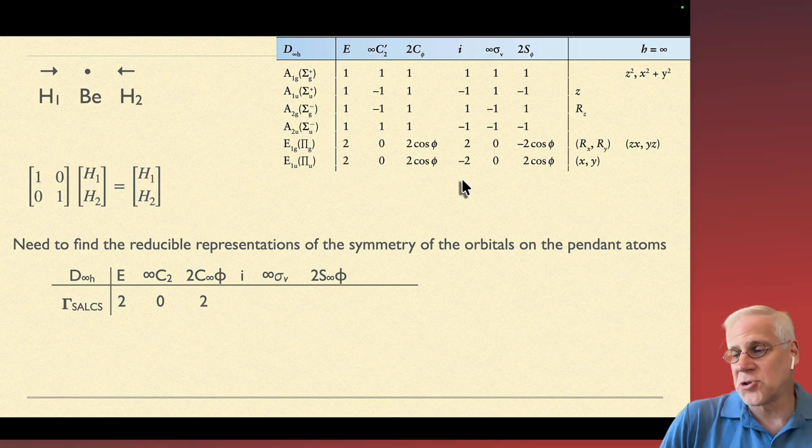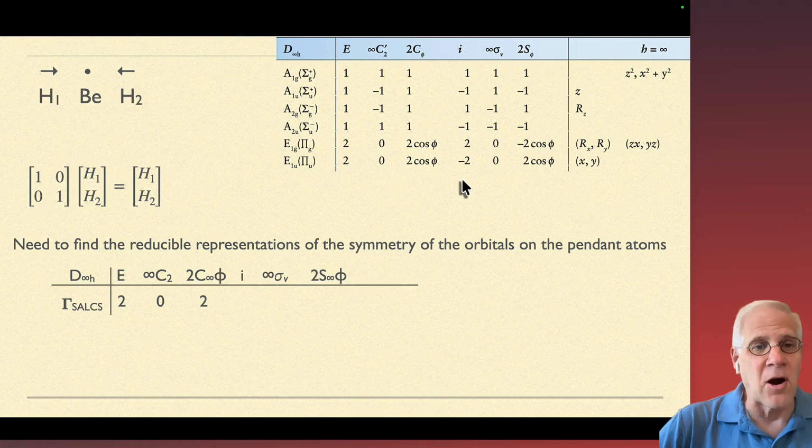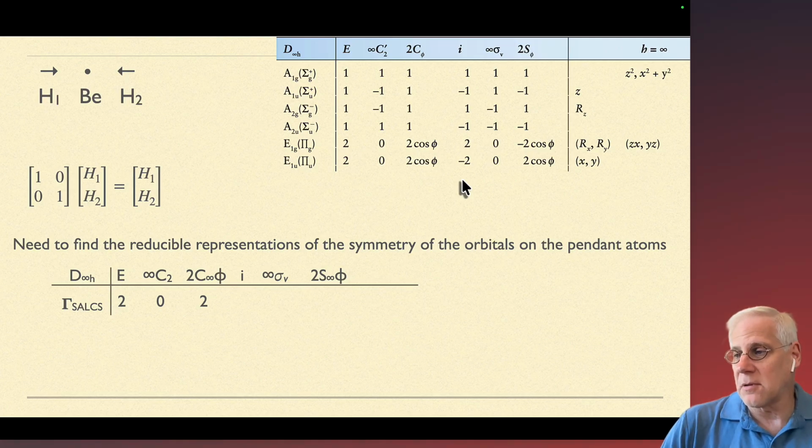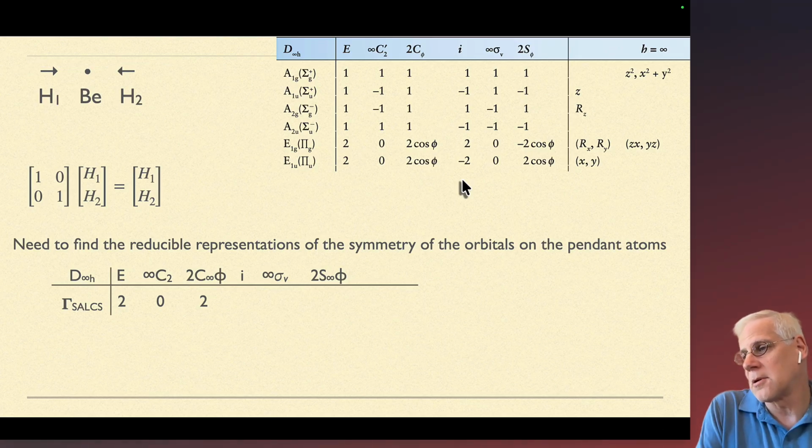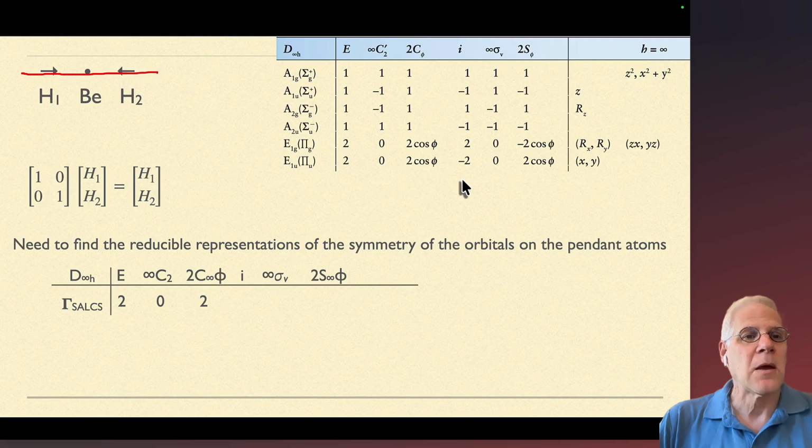Now I have two C infinity phis, and that's a little bit odd lettering or an odd label there. The key there is to look at the C infinity. And the reason we have a C infinity is because of this linear molecule. So if we think of the axis that runs through here, it's not a very straight axis. Let me see if I can draw a better one. Here we go.